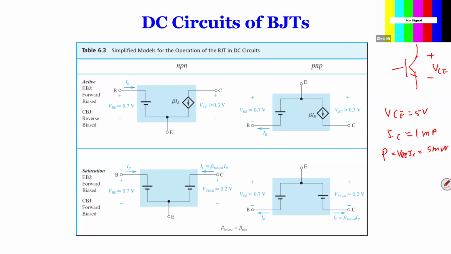When we use this for a small signal, you're actually wasting 5 milliwatts on that transistor. Most people wouldn't care about 5 milliwatts of loss. It's very little, 5 over 1,000 of a watt.